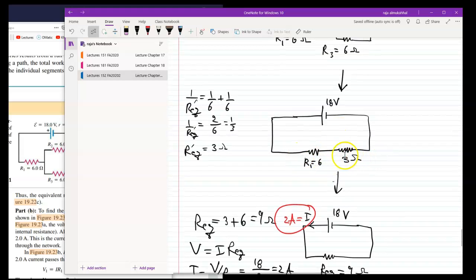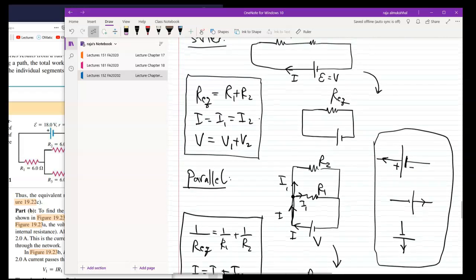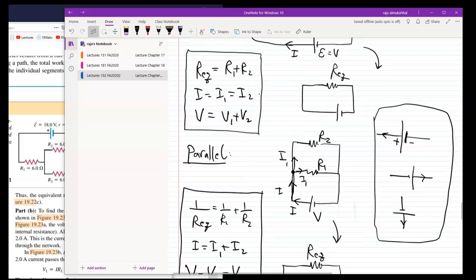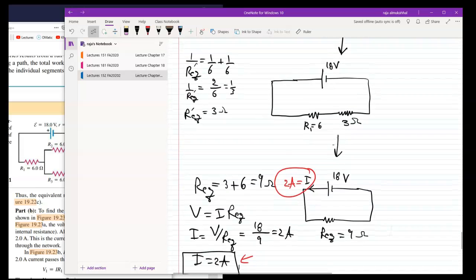Now this circuit, those two resistors are in series. What does that mean? We'll go back to the formulas. If they are in series, the currents are equal. See that? So what does that mean? It means if this current is 2 amp, then the current going through those two must be also 2 amp.